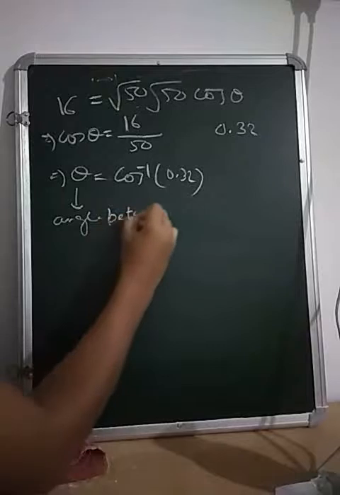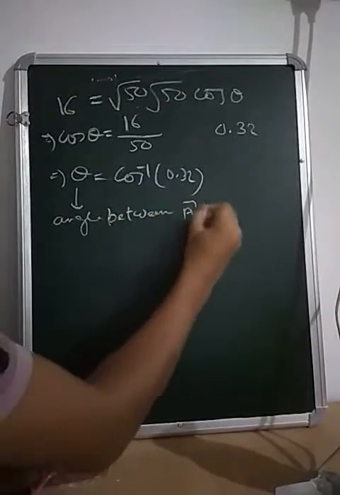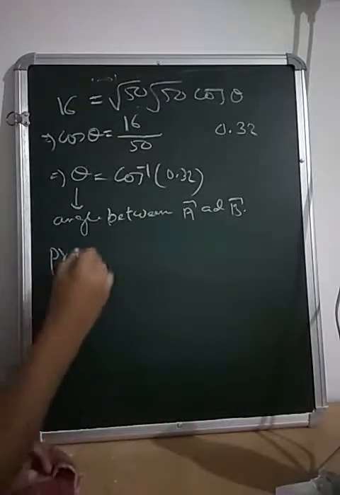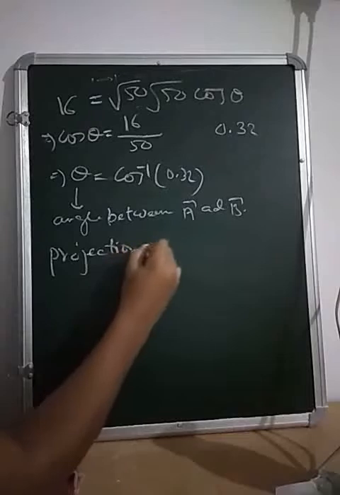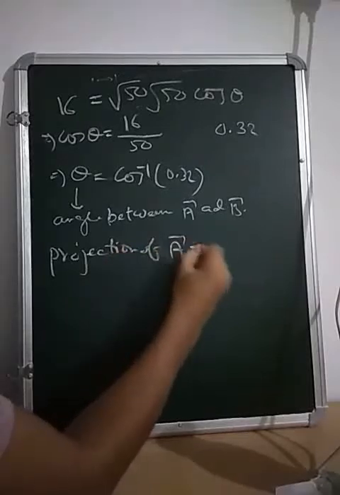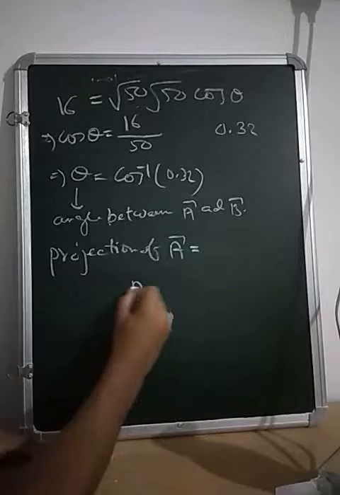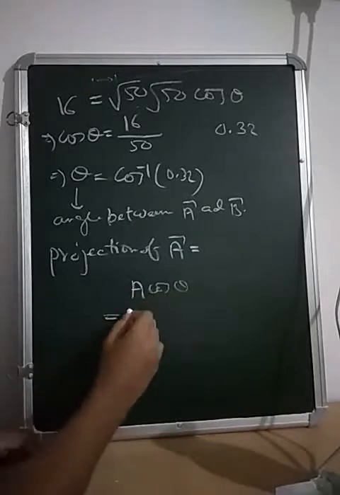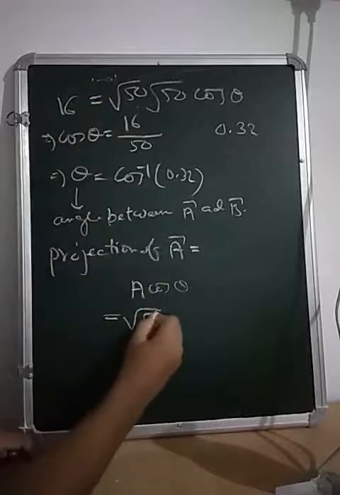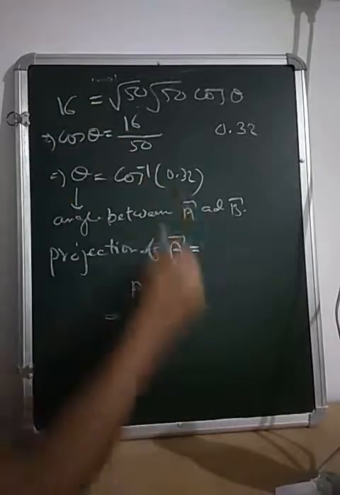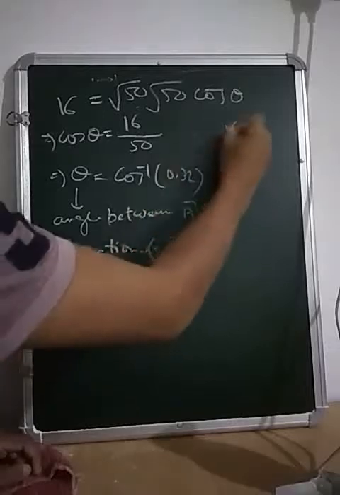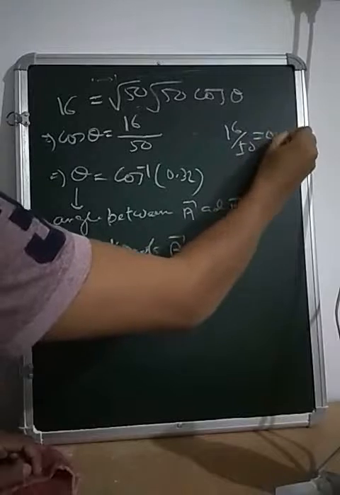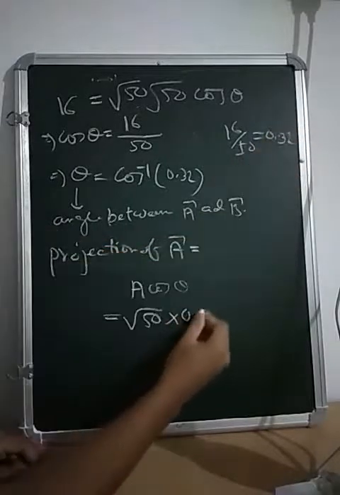So this is the angle between vector A and vector B. Now the projection of A on B will be the magnitude of A times cos theta. The magnitude of A is root over 50, and cos theta is 16 by 50, which is 0.32.